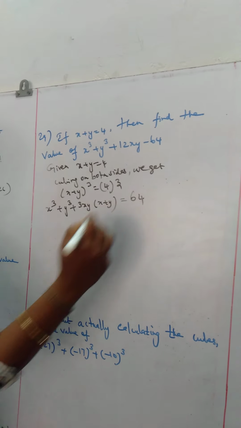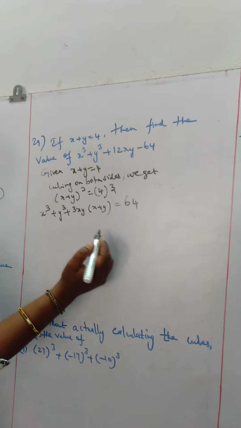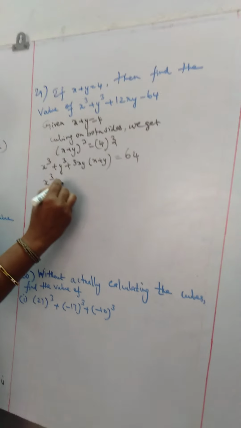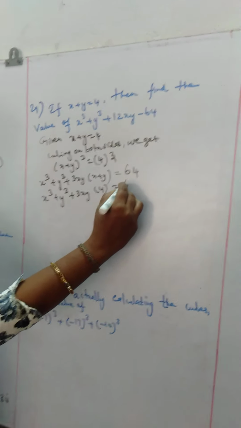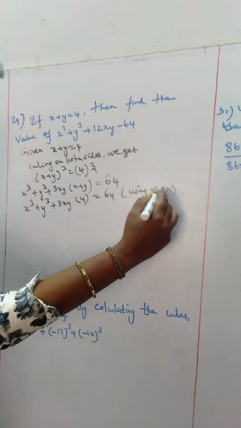which is 64. So x plus y, what is given here in the question, that one we are going to substitute. So x cube plus y cube plus 3xy into 4, which is equal to 64, using the given.